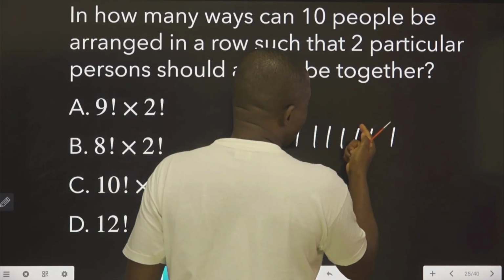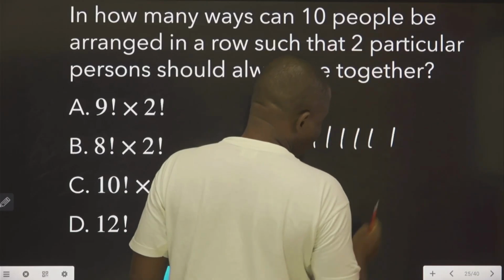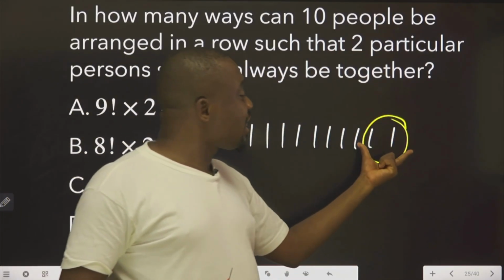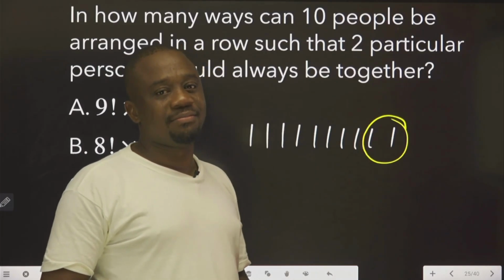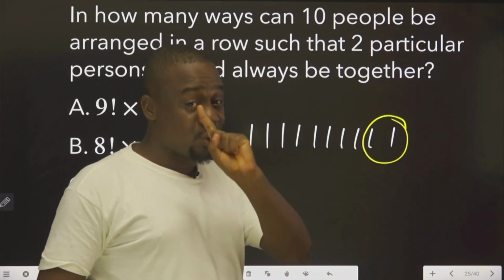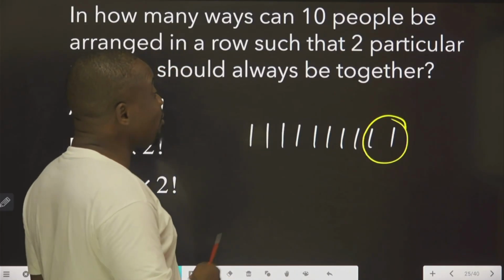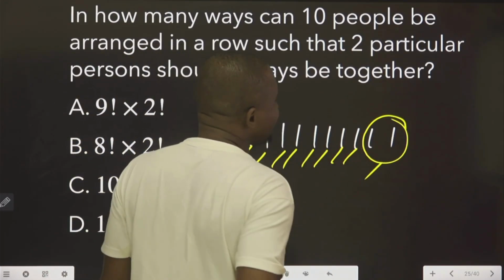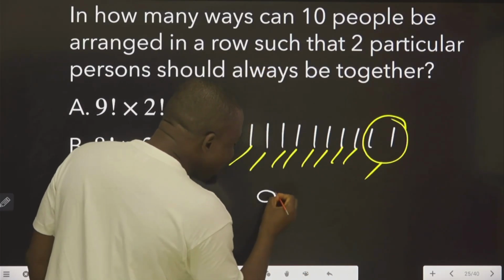Let's say these 2 must always be together. Let's just choose this one. It means we have to take this one as an entity. This guy that will always be together, we take them as one single entity. It means at the end of the day, we're going to have 1, 2, 3, 4, 5, 6, 7, 8, 9. So that is 9 factorial.